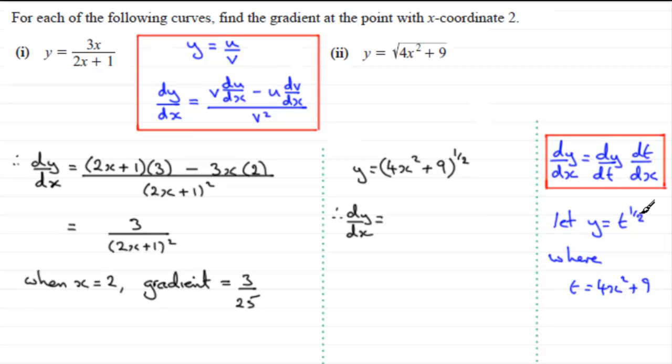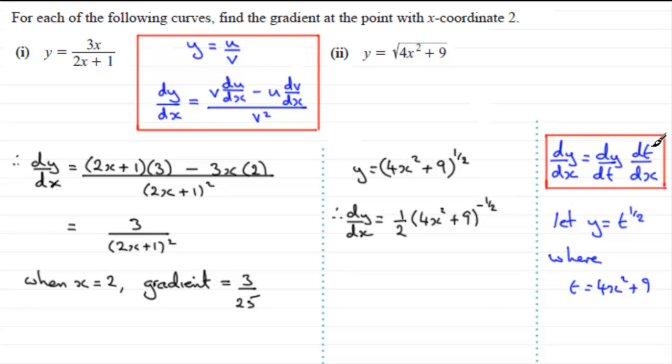Well, y equals t to the power half, so differentiating that, you get a half t to the power minus a half, t being 4x squared plus 9. So dy by dt equals a half t to the power minus a half.